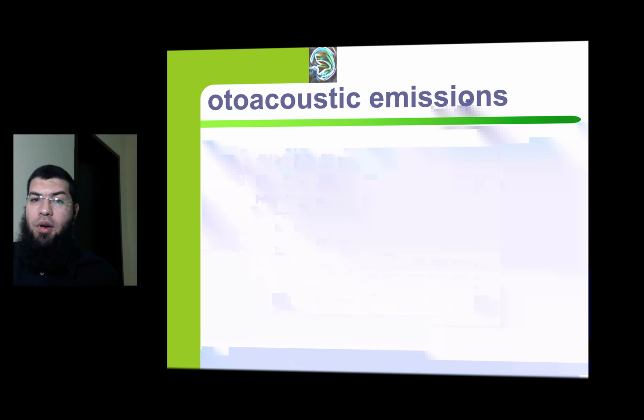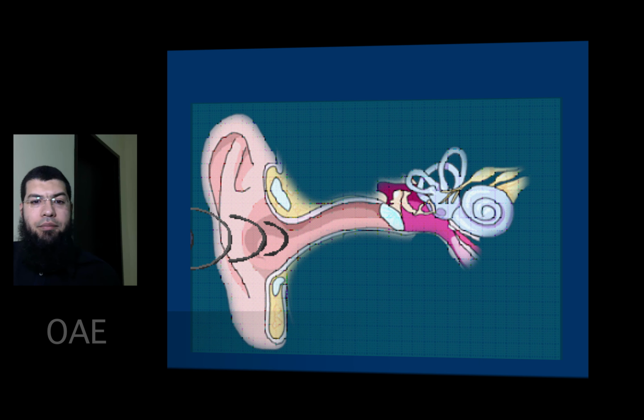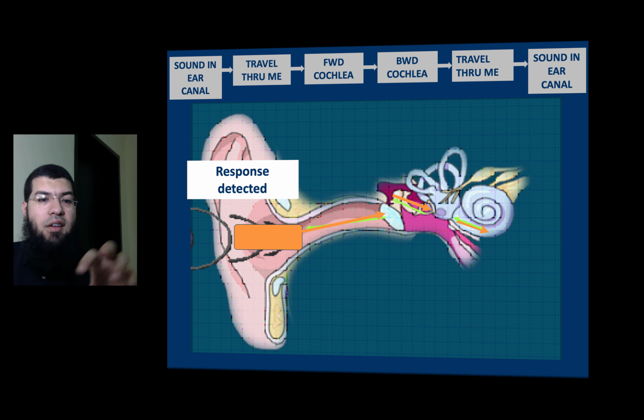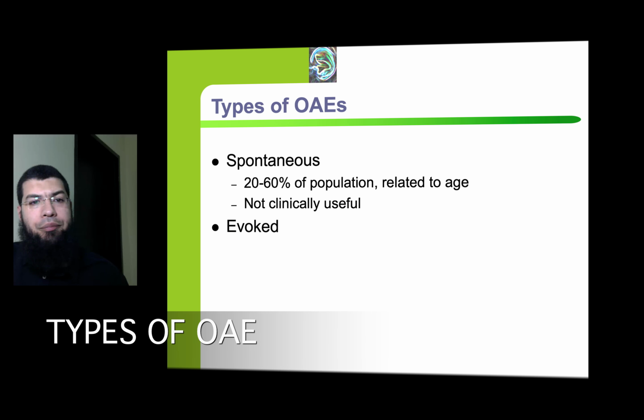Let's move on to otoacoustic emission. This is a model of how the otoacoustic emission device works. The sound is delivered to the ear canal through the middle ear into the cochlea and returns from the cochlea to the middle ear, to be detected in the outer ear with a highly sensitive microphone in the probe of the otoacoustic emission device.